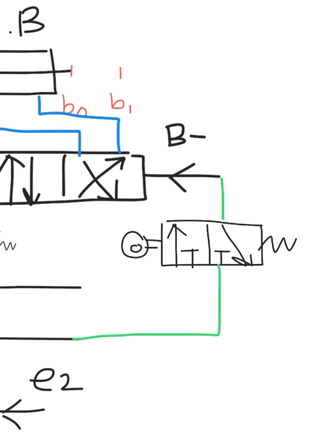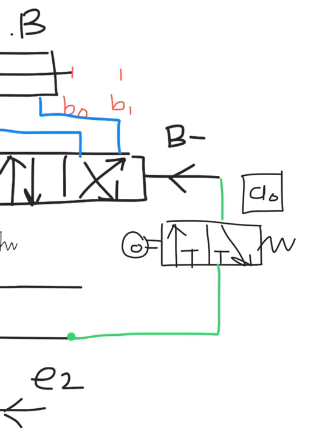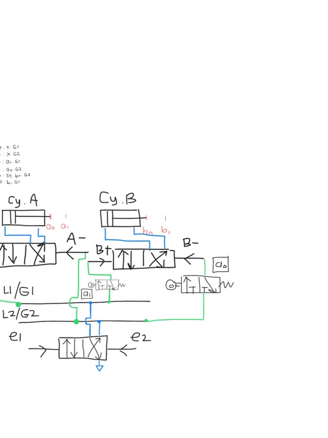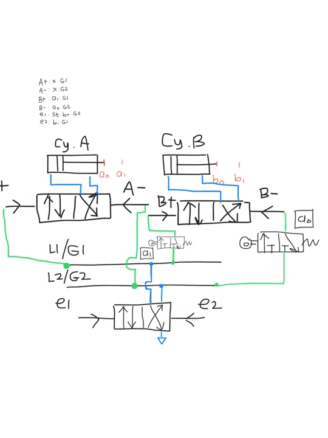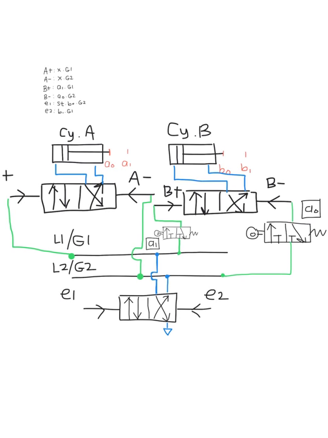There you are, dot here. Then make a label, it is A node. So that completes A plus, A minus, B plus, B minus, and G2.